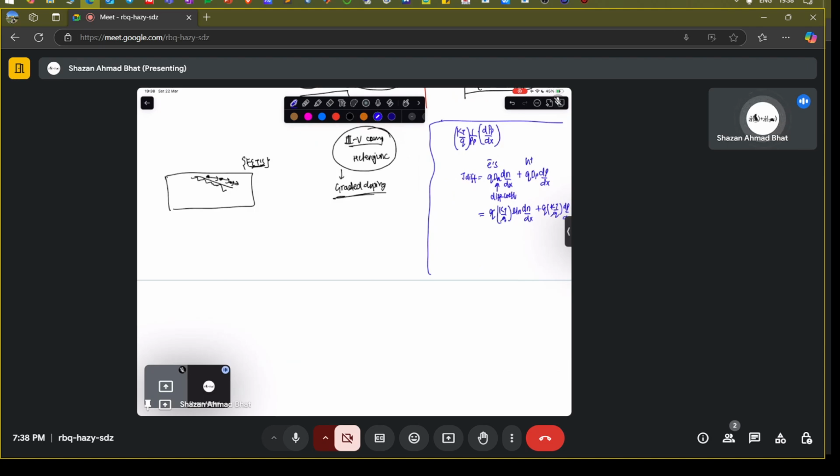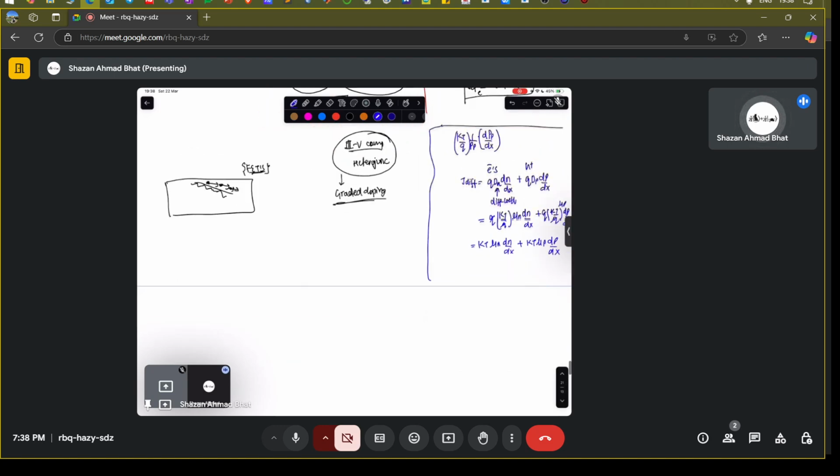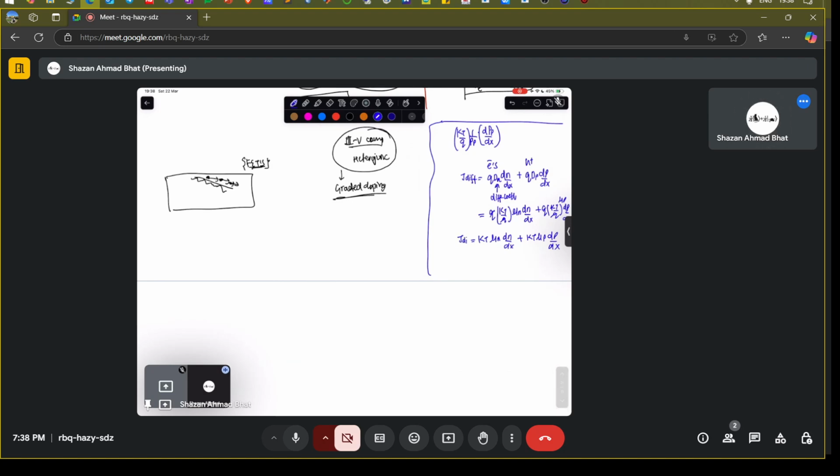The Q and Q will cancel. We have kT mu n dN by dx plus kT mu p dP by dx. And what we are writing here is J diffusion, the diffusion current.